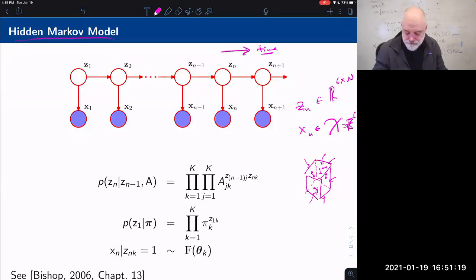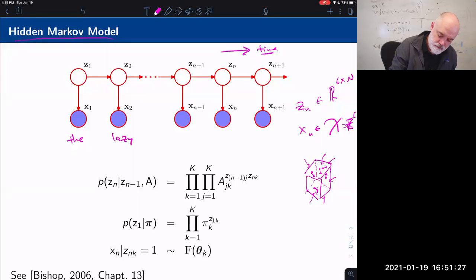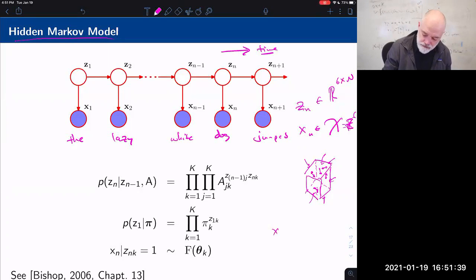More commonly, you might have the lazy white dog jumped, something like that, okay? So xn might be in some very large vocabulary, and we'll denote that by sigma, which is isomorphic to the positive integers, restricted or whatever, it doesn't really matter, 0, 1 to 5,000.